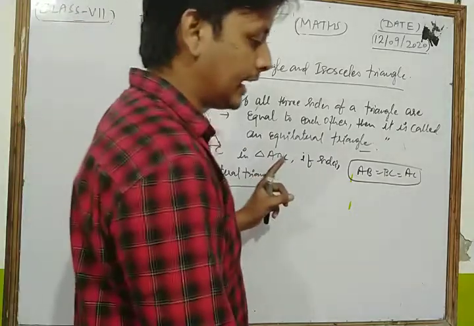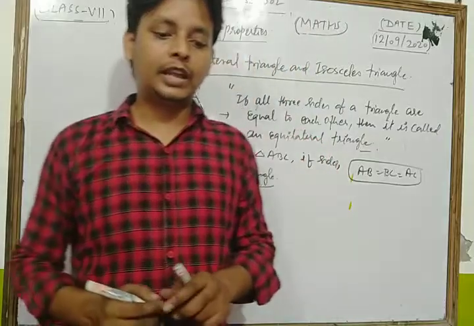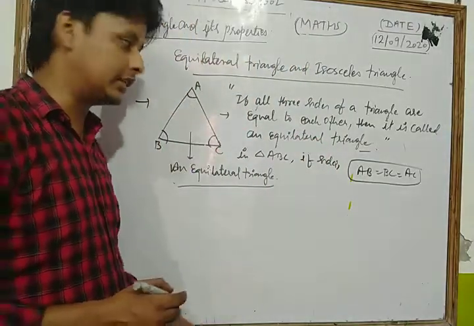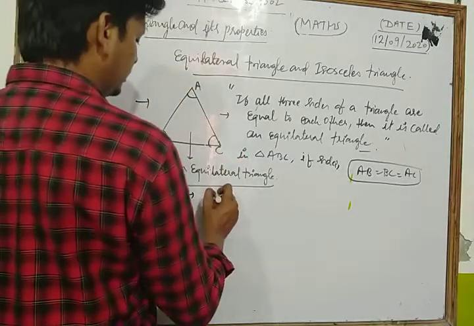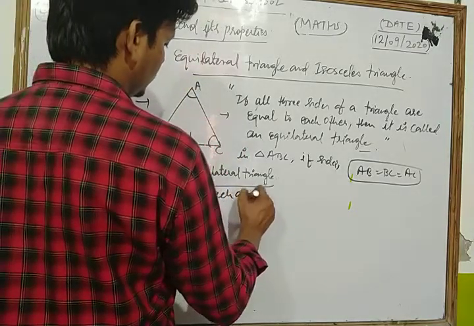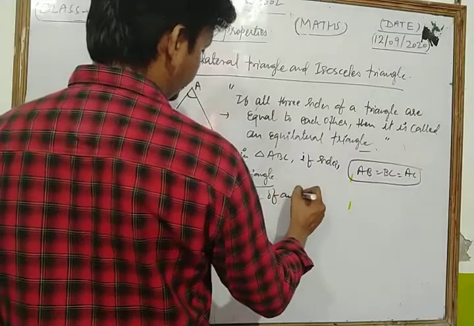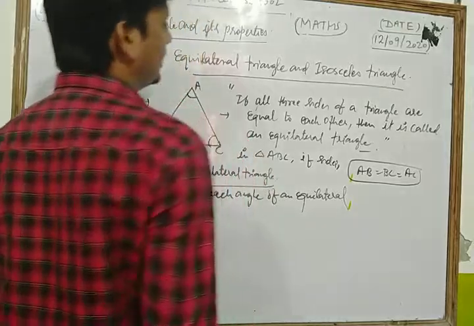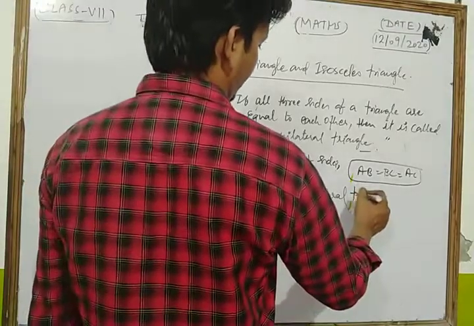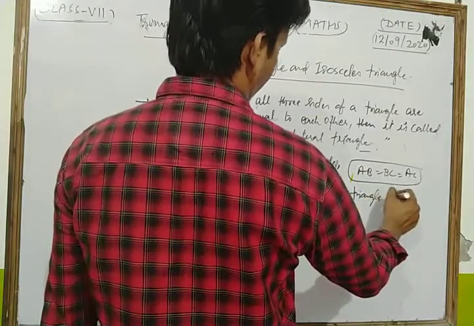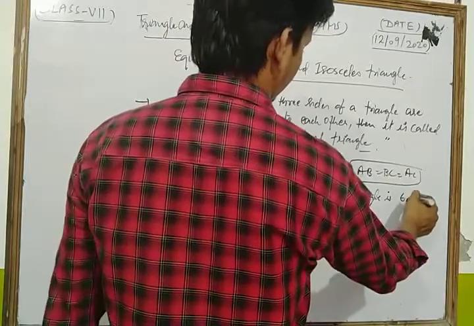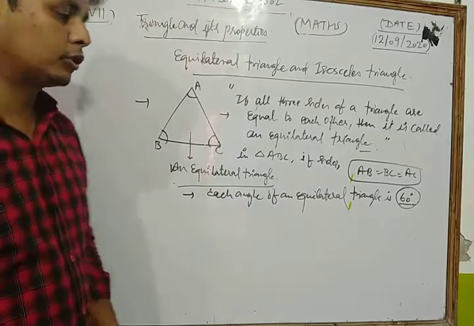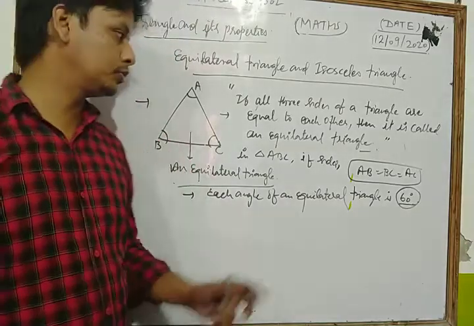And one important thing is that each angle of an equilateral triangle is 60 degrees. One important note is that each angle of an equilateral triangle is 60 degrees.